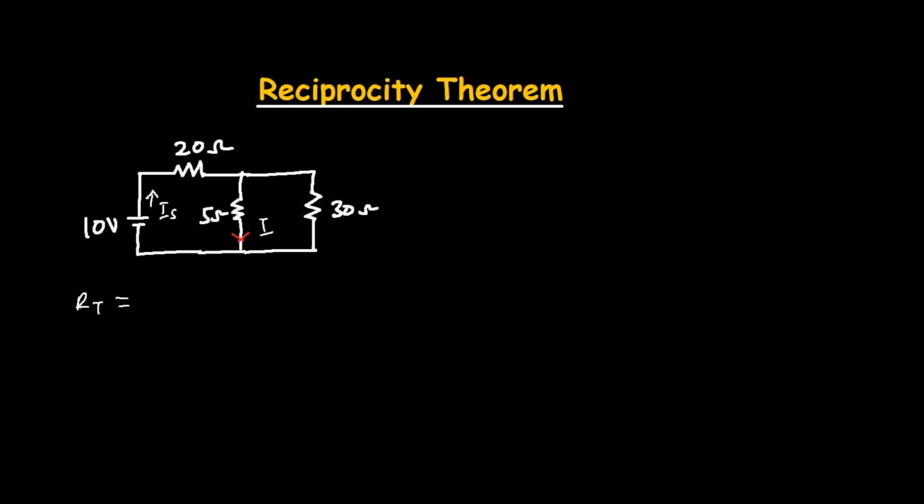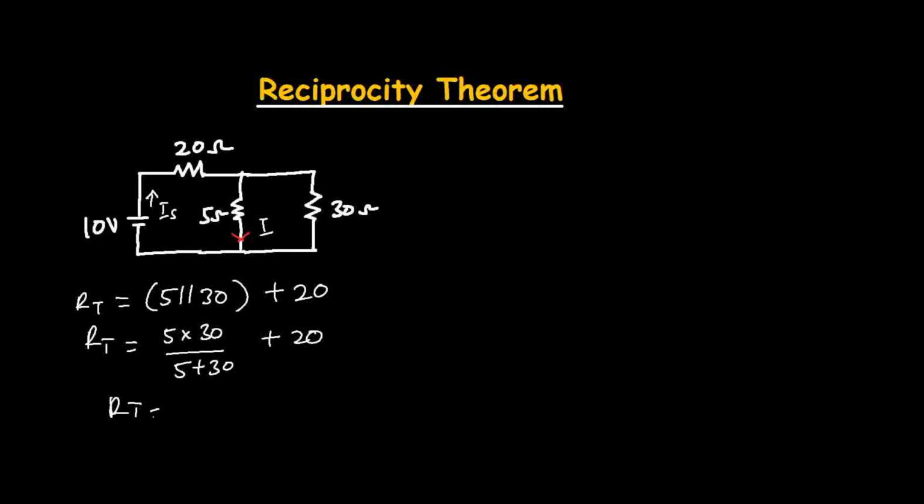So that will be this 5 ohms and this 30 ohms resistor in parallel connection. So 5 will be parallel to 30. Then at the end they will be in series with the 20 ohms. So doing this, we'll have 5 times 30 divided by 5 plus 30, plus 20.